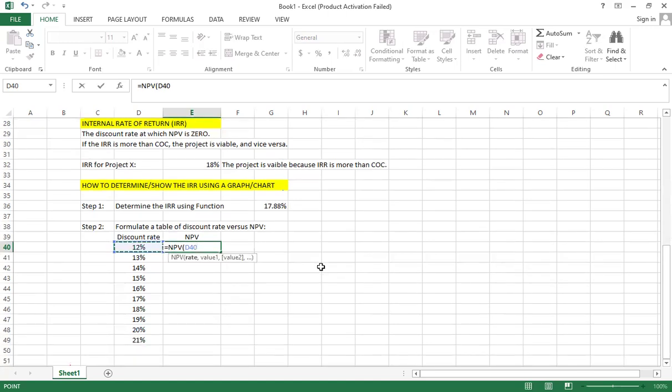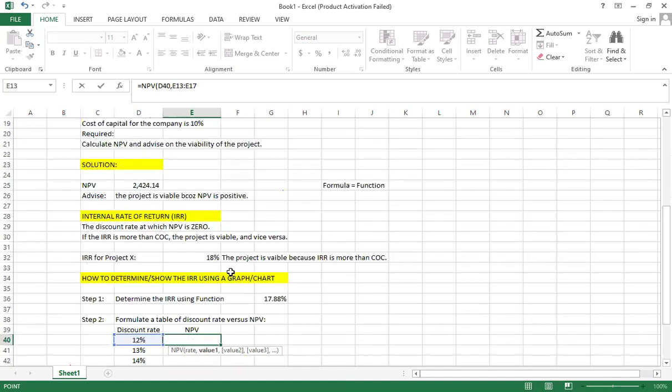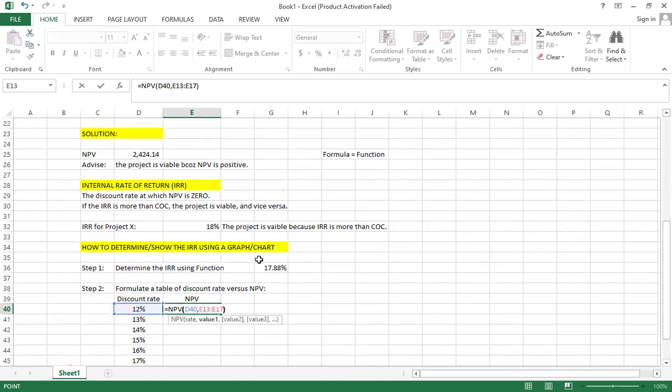Now, comma. Remember, next you need the cash flows from period 1. So we'll come back to the cash flows, which are these ones. From period 1, the 2000, remember, to the last one. Now, close the bracket, then you say plus.